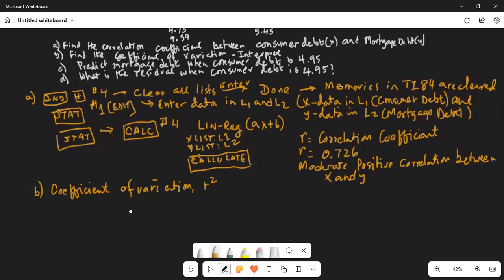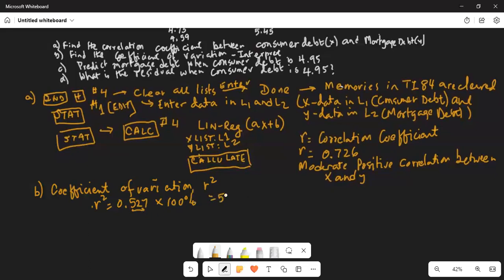R square in the next line is 0.527. Only for R square, we multiply it by 100% and shift the decimal 2 places to the right.